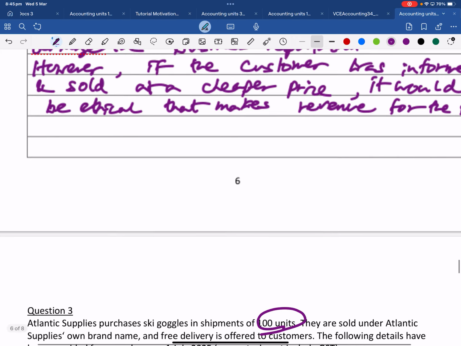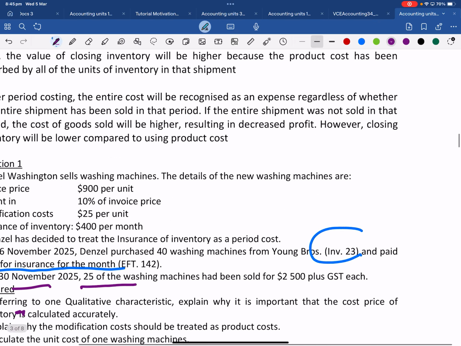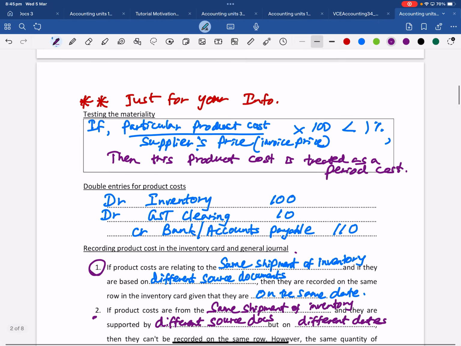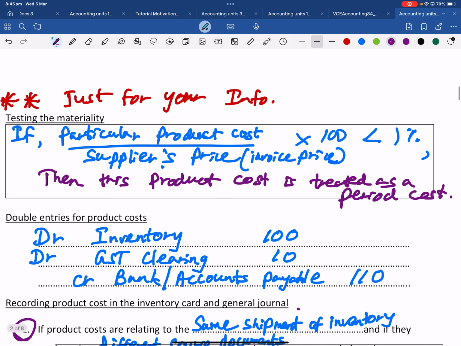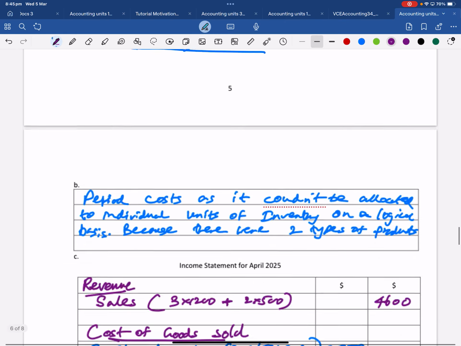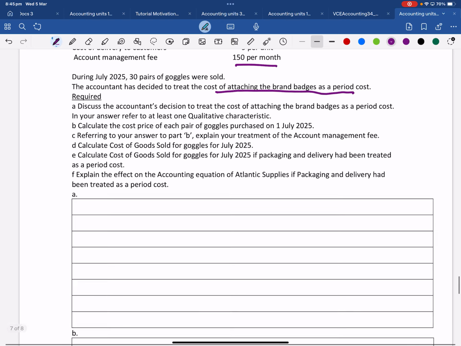Now remember what we did at the beginning? Remember we did the materiality testing? Even if it is a product cost, if it is less than 1%, what did we say? Immaterial in decision making.